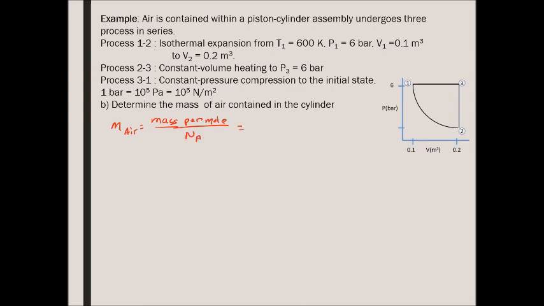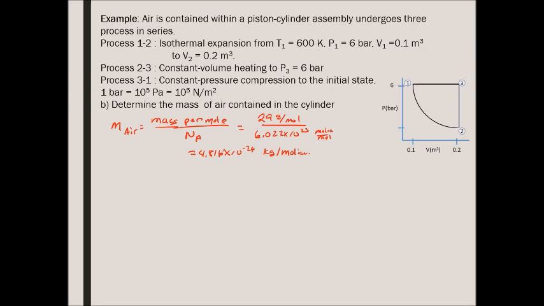The molecular weight of air is 29 grams per mole, and Avogadro's number is 6.022 times 10 to the 23rd molecules per mole. That again gives us 4.816 times 10 to the negative 26 kilograms per molecule. So that's how much each molecule weighs.